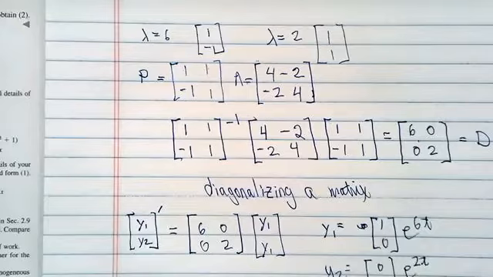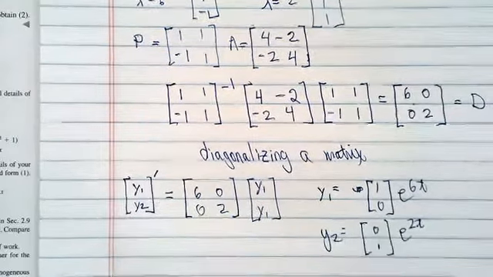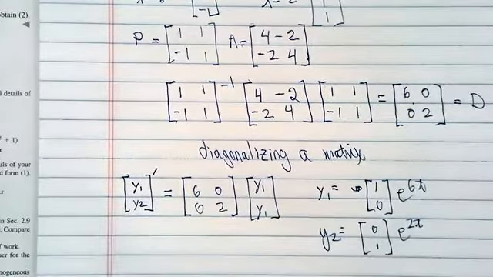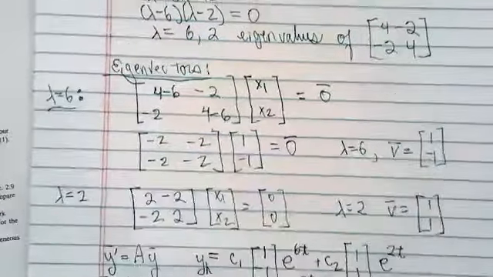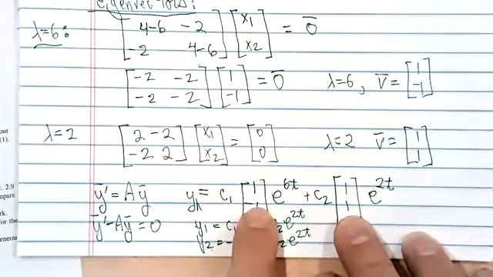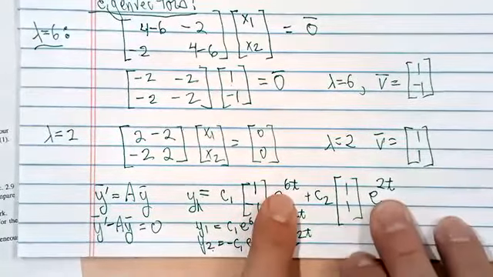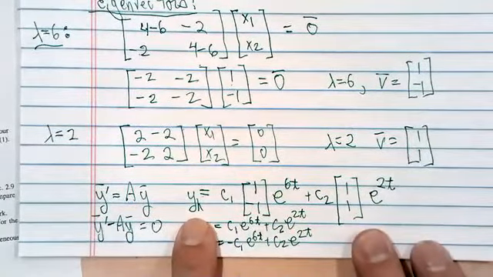But for now, these are the take-home points. Number one, if you can find the eigenvalues and eigenvectors, you can immediately write down solutions to the homogeneous system of equations, as we did here. I found eigenvectors, I found eigenvalues that go with them, and that allows me to write down the solution.